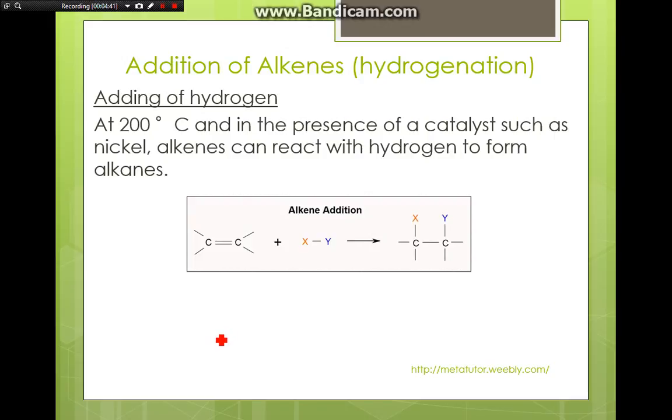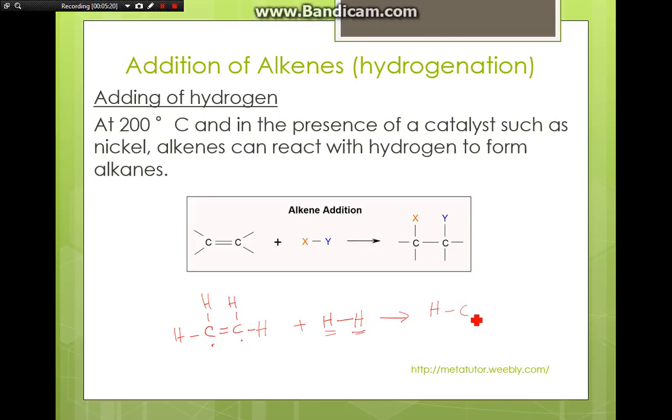For example, if we have ethene, a 2 carbon alkene, and then we add hydrogen gas, H2, single bond also. What happens is one of these hydrogens will be attached to one carbon. The other hydrogen will be attached to the neighboring carbon.